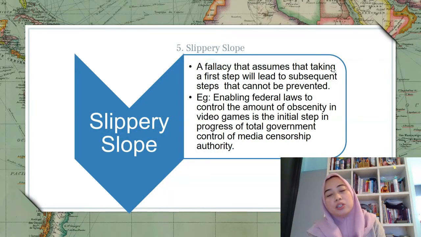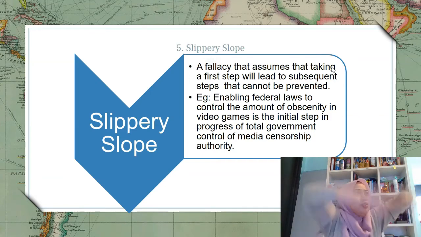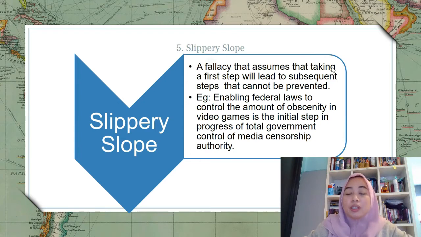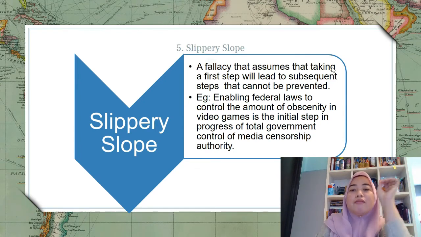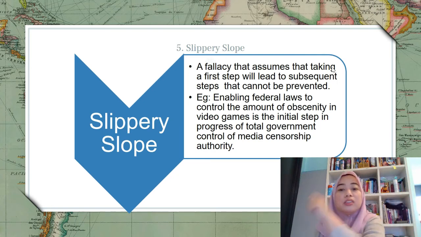Next is slippery slope. Slippery slope is a type of bad argument that assumes that a first step will lead to something that cannot be prevented. One small step would lead to something so huge and affecting the whole world. An example here: enabling federal law to control the amount of obscenity in video games is the initial step in progress to total government control of media authority.